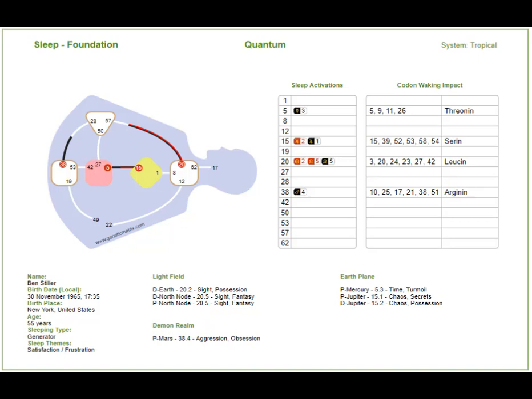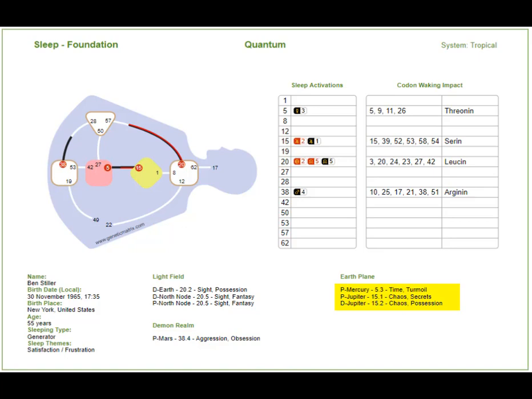But within each of those 3 headings that I've just articulated to you, you will see which gates and lines in this person's design belong to which of the domains. So we have this triple 20th gate belonging to the light field, we have the 38th gate in the demon realm, and we have the activation of the 15 and the 5 in the earth plane.